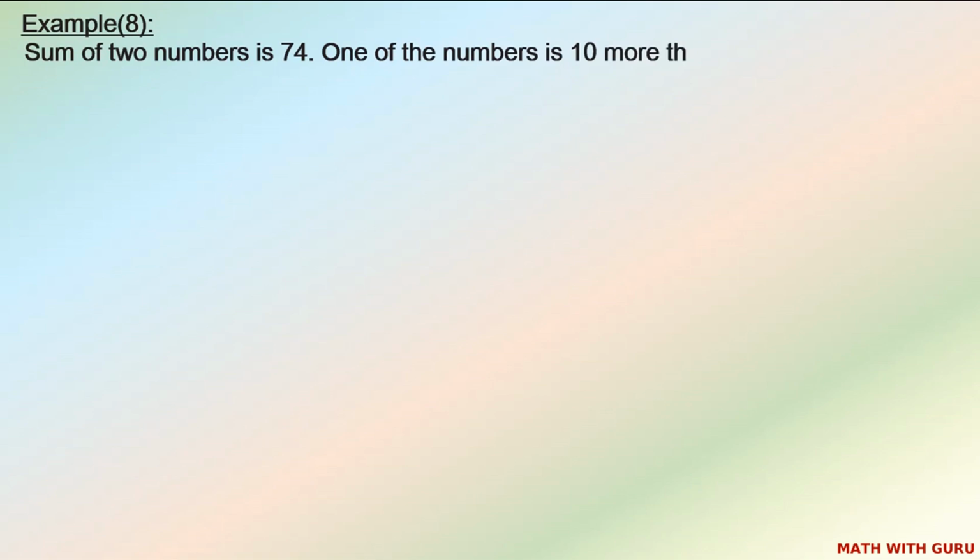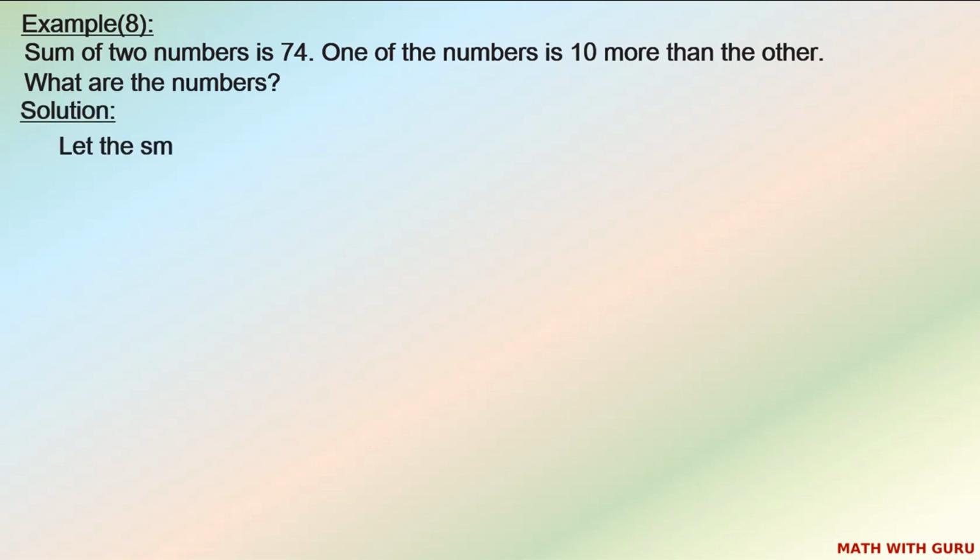Example 8. Sum of two numbers is 74. One of the numbers is 10 more than the other. What are the numbers? Let the smaller number be x. It is given 10 more than the other.